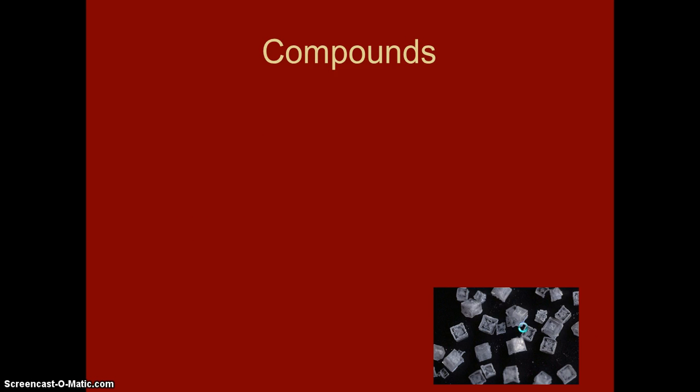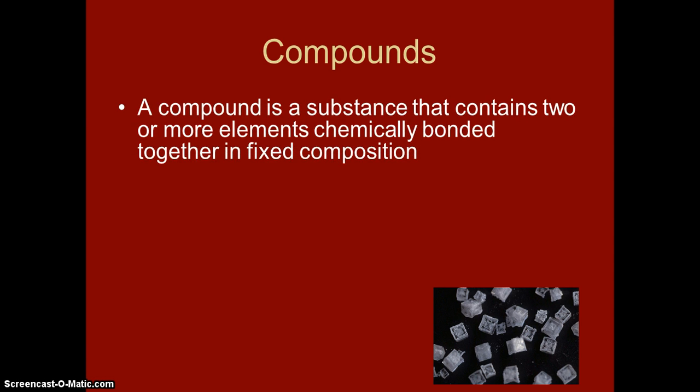Next thing we're going to look at then are our compounds. A compound, remember, is a substance that contains two or more elements bonded together in a constant or fixed composition. So this little rock salt down here always contains one sodium, one chlorine. It has to.